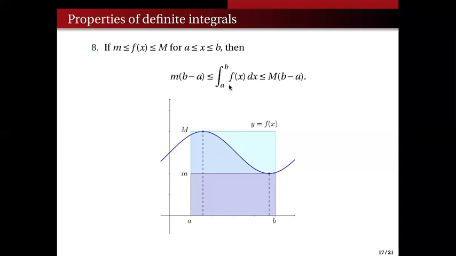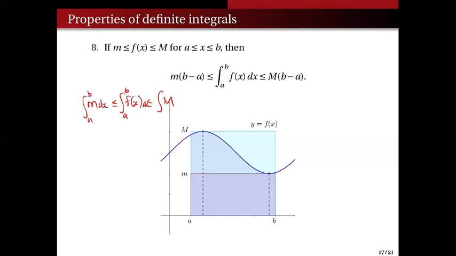But this can be proved easily. Since you have f of x greater than or equal to small m but less than or equal to capital M, you can integrate this over ab, and the inequality remains the same, correct?